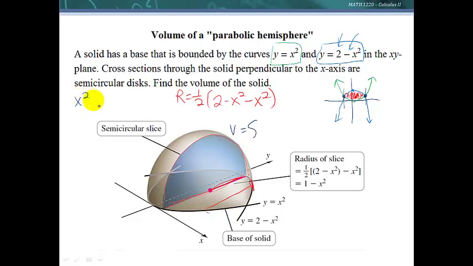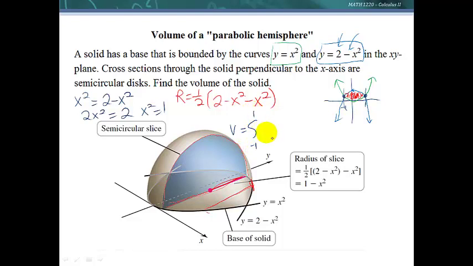So where x squared equals 2 minus x squared, or where 2x squared equals 2, and that means where x squared equals 1. And so we can see that it's going to intersect at 1 and at -1. So there are our limits of integration.